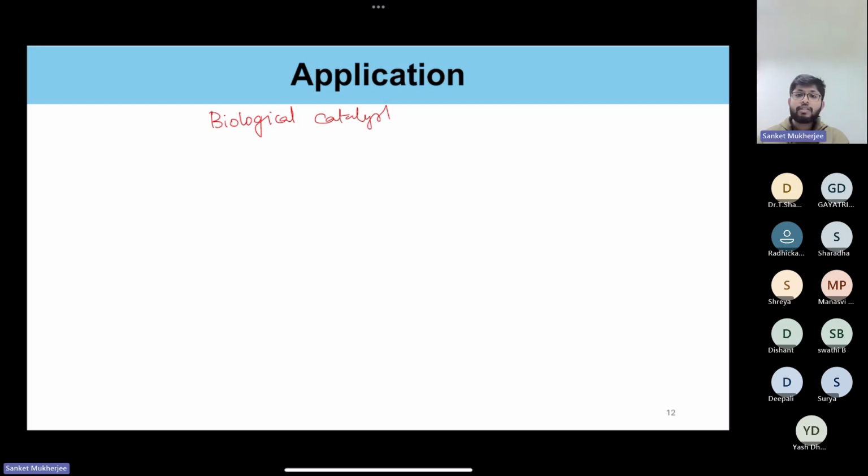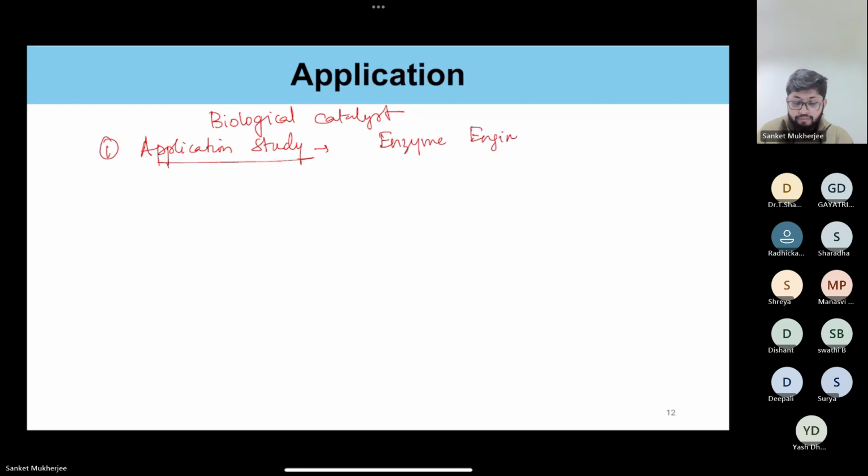Now enzymes can be studied in two different ways. One of them is the application study. In application study, what we do is we perform enzyme engineering. We mutate certain motifs.